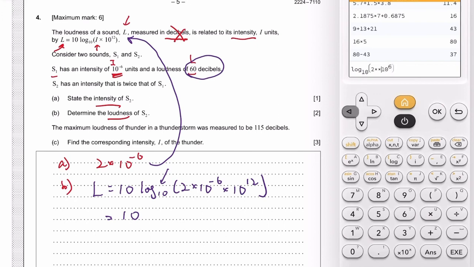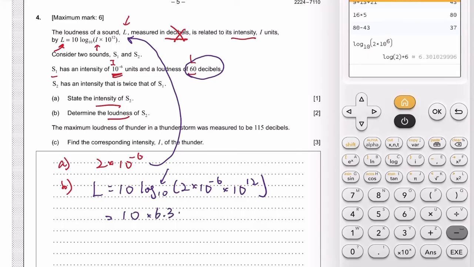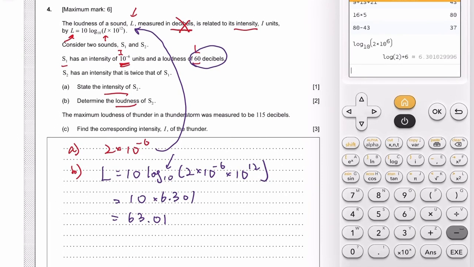I have 2 multiplication. But I guess there's no need to go into this much detail. It happens to be roughly 63.01. So you see, even if your intensity is doubled, your loudness only goes up by like 3. Okay.